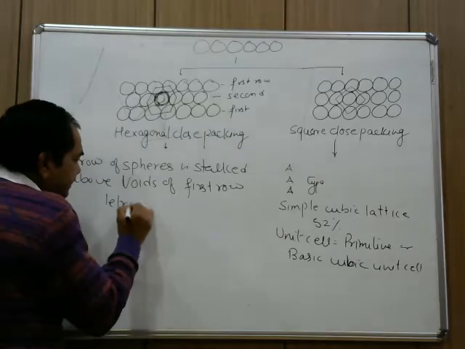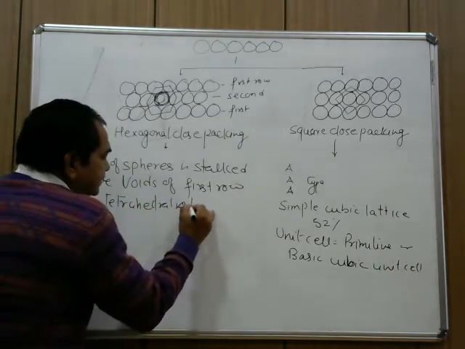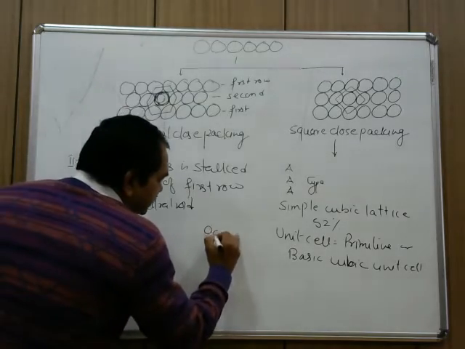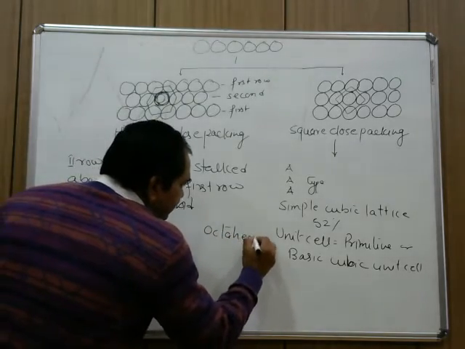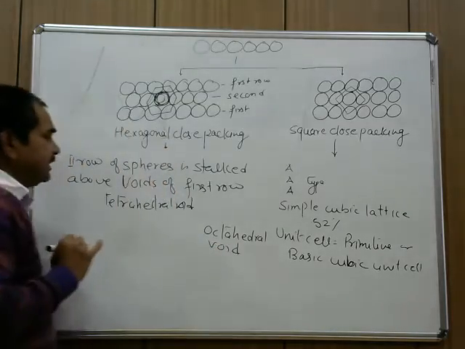One is called a tetrahedral void and the other is called an octahedral void.